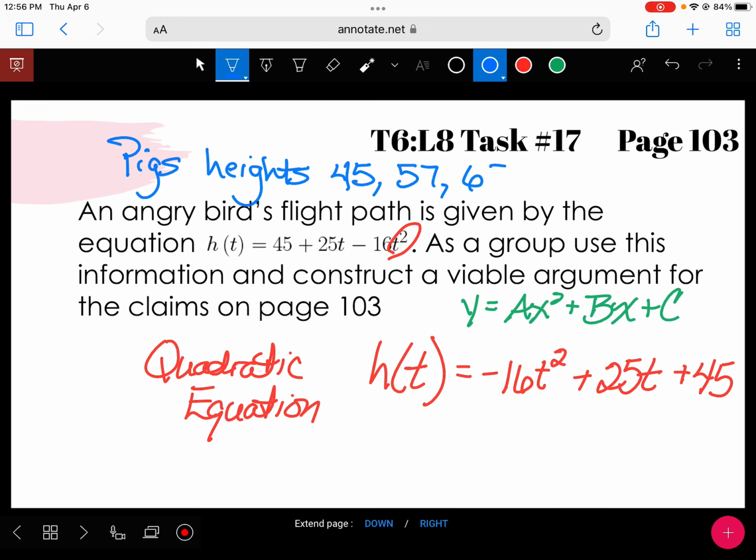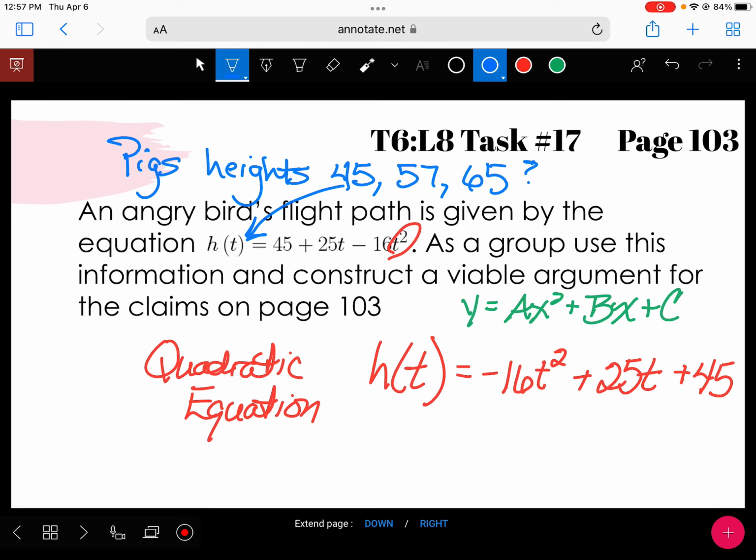And what are these again? They are the heights. So which variable does that represent? H. So if I were to substitute those values in, where would I put them? In for H, right here.